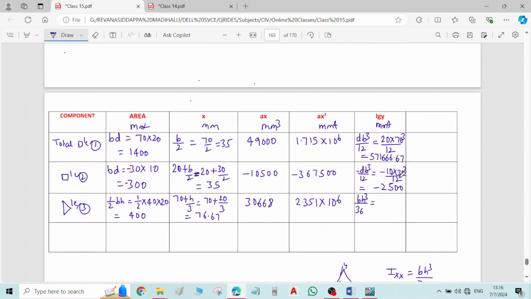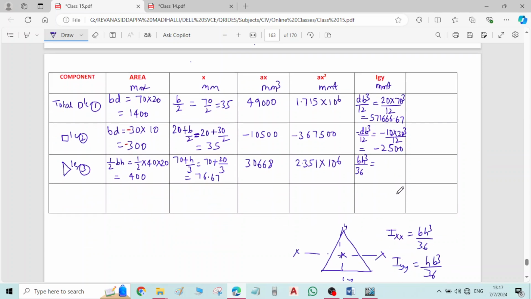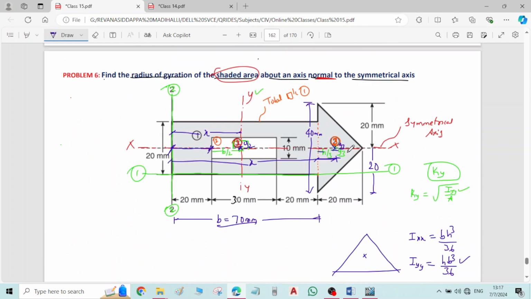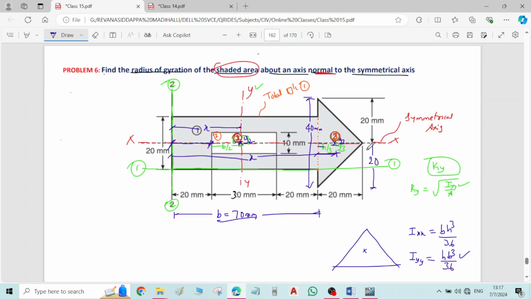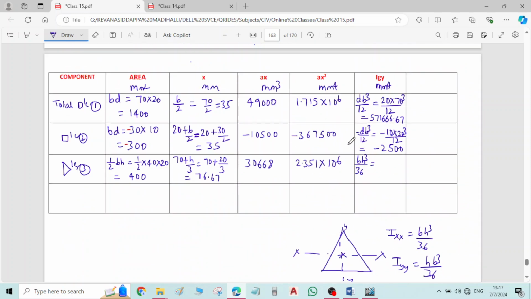We should not have a fixed formula in our mind; depending upon the alignment, we have to interchange the formula. So bh cube by 36, where b is the base width 40 and height is 20: 40 into 20 cube divided by 36.